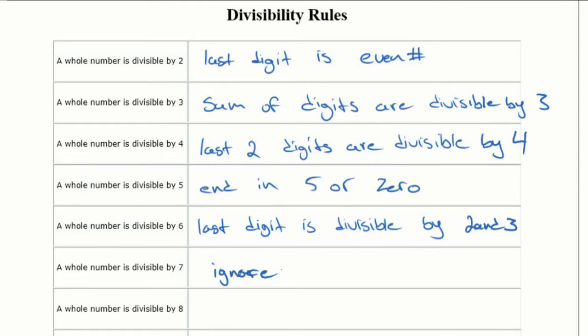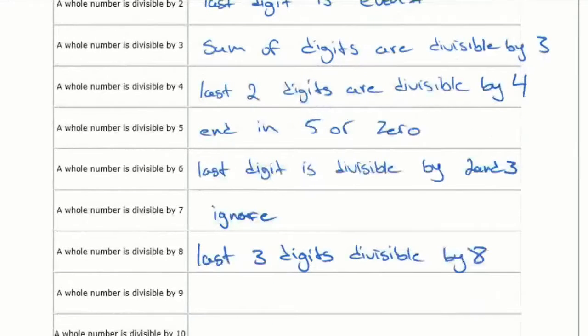8: are the last 3 digits divisible by 8. Nine is kind of like 3: the sum of the digits is divisible by 9.